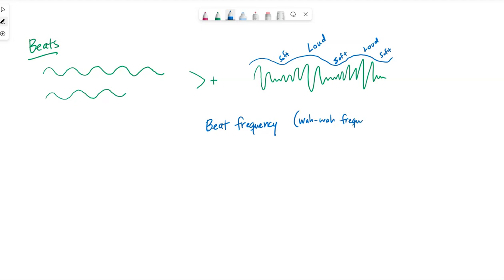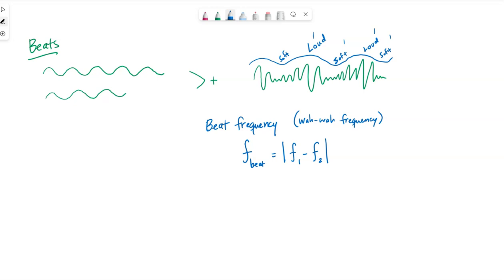It's the frequency that we hear that wah-wah-ing. And again, that's just this variation of loud, soft, loud, soft. The beat frequency we hear is simply the difference between the two frequencies we are listening to.